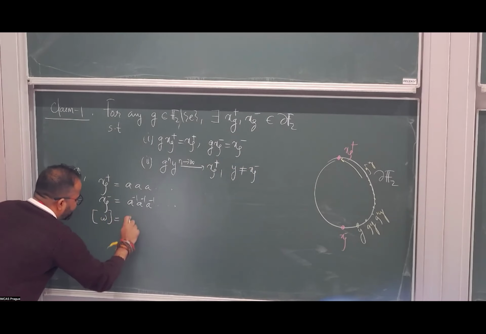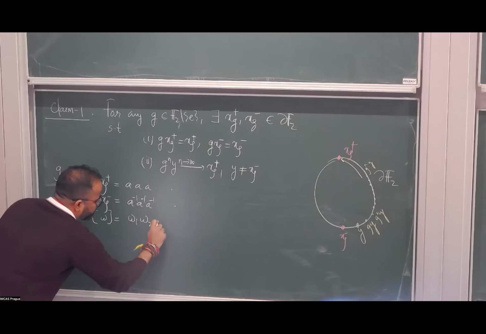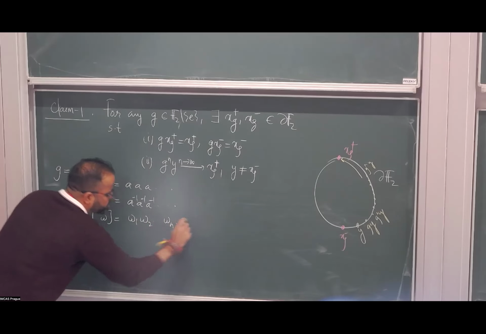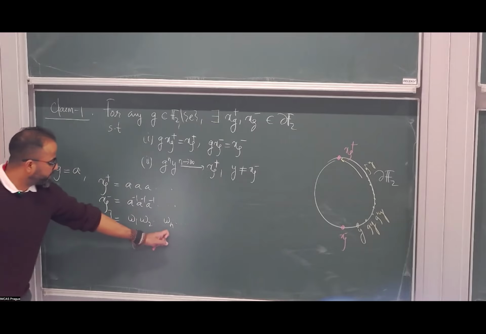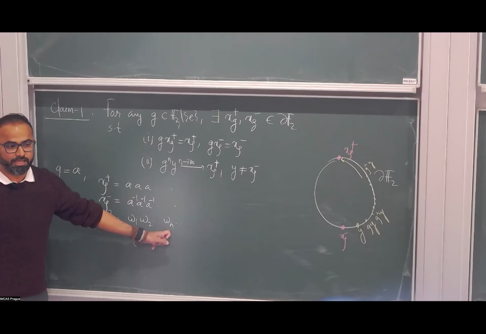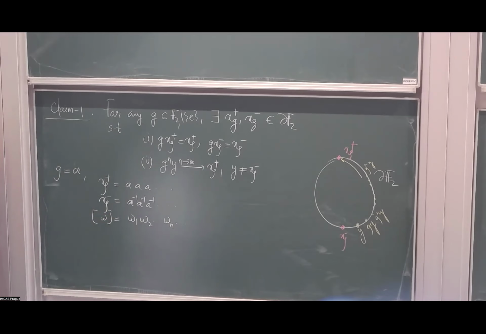If I write this word as w1, w2, ..., wn, and so on, if it is not all A inverse, at some point n, it will not be A inverse. And from that moment onwards, I can just keep on applying A to it and send it to A. Because it's a product topology, I don't care what happens at the end. I only care up to the finite things in the beginning.